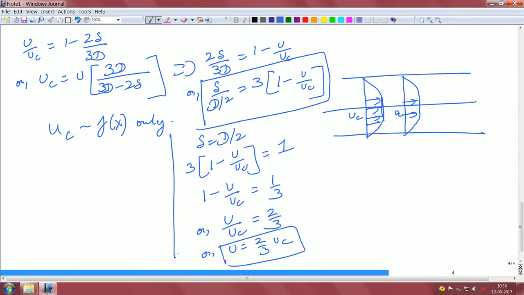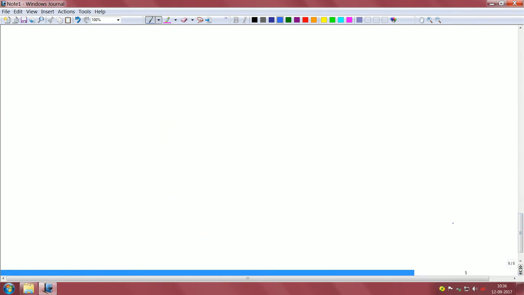Similarly, if you take this particular form and now do the momentum equation, one of the key terms that you need to evaluate in the momentum equation is basically the integral of (uc minus u) into dy. If you do this properly, it will be uc square. Once again, uc is not a function of y anymore.